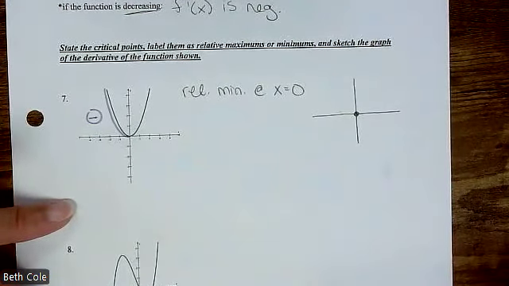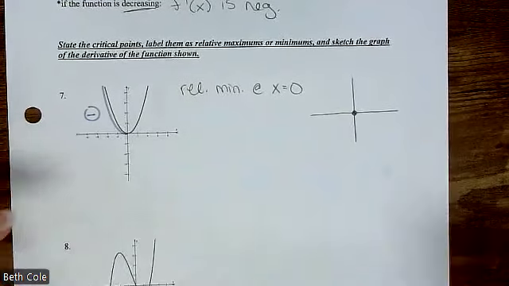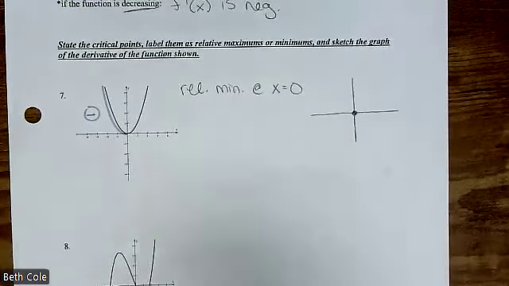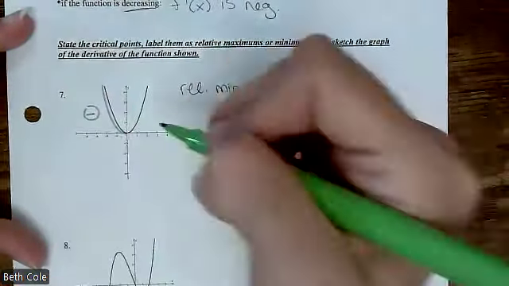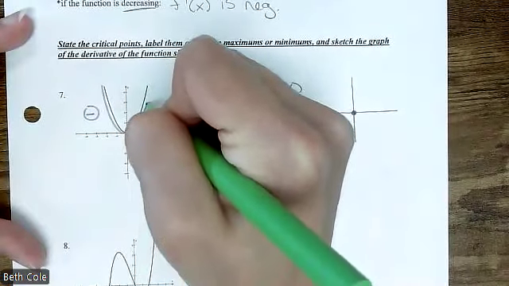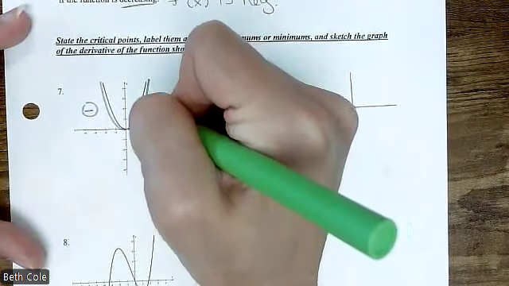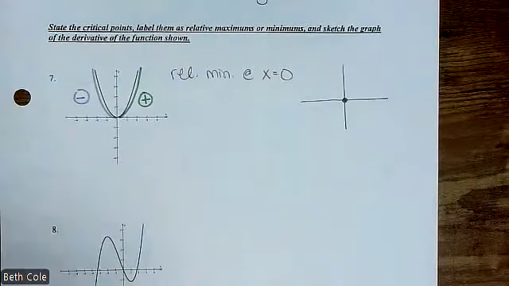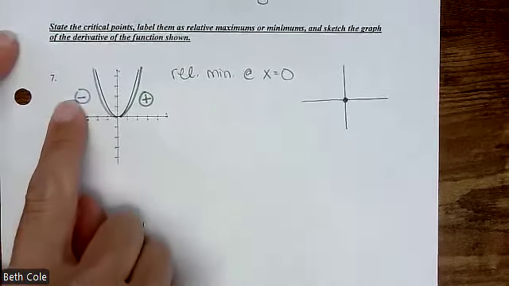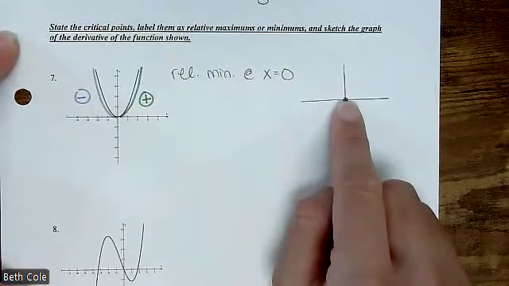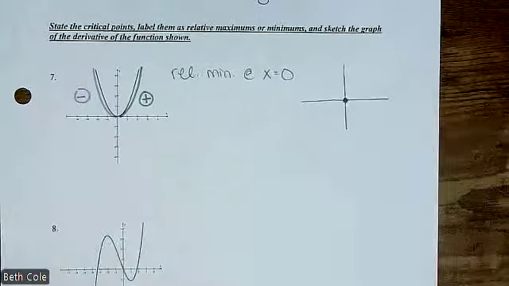And then after that, this graph, I'm going to change to green here, is increasing, and that means my derivative should be positive, meaning above sea level. But that means we want to be below, go through that point at the origin, and then be above.